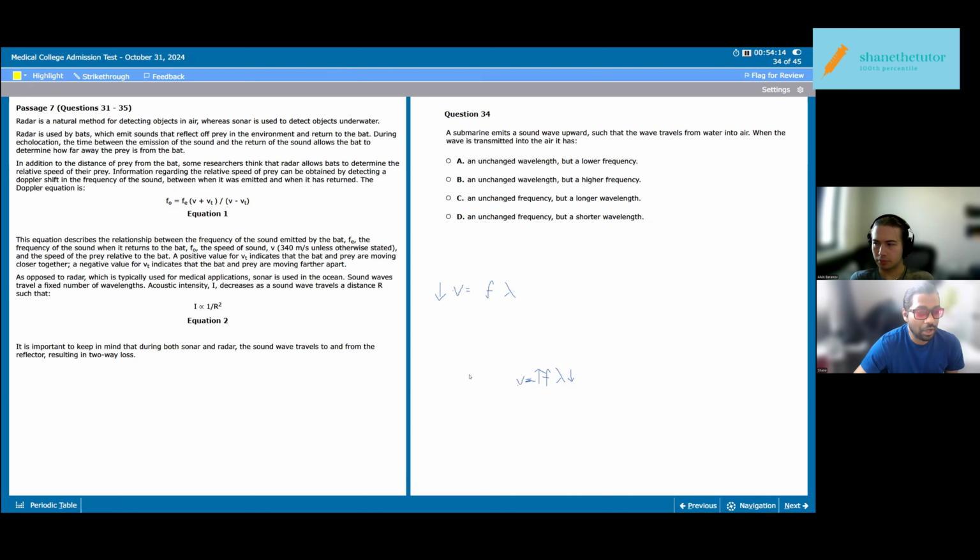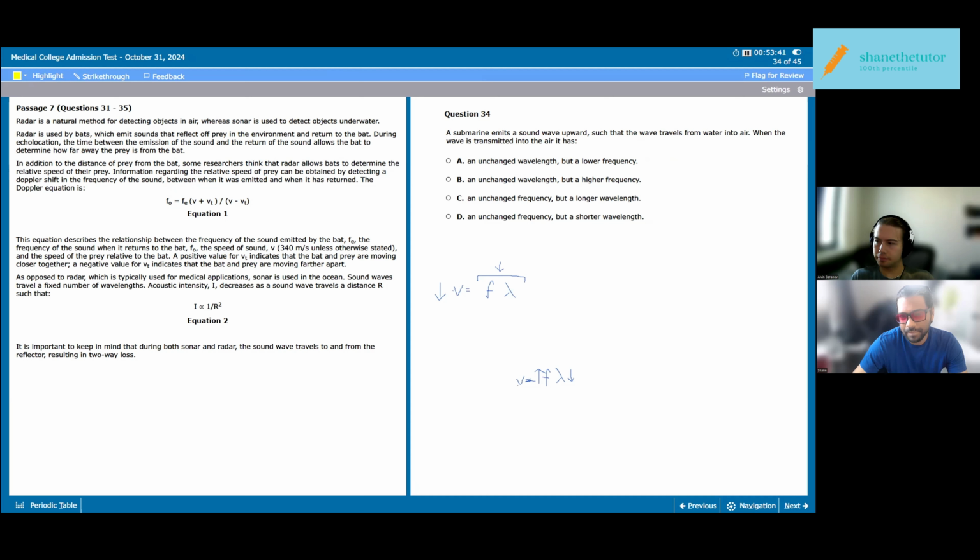So if it goes down on the left, ultimately this will have to go down. So we should be seeing either a shorter wavelength or a lower frequency, right?